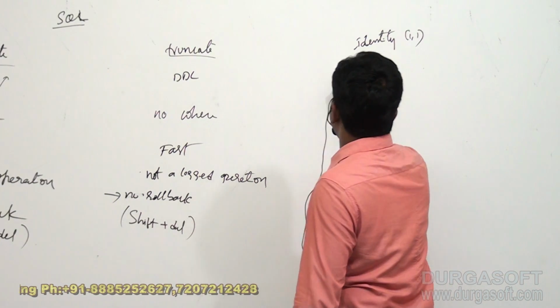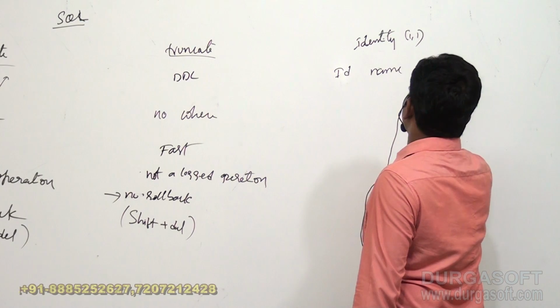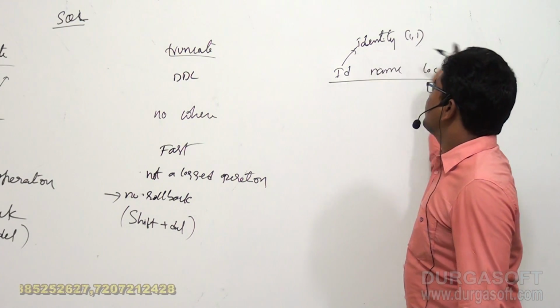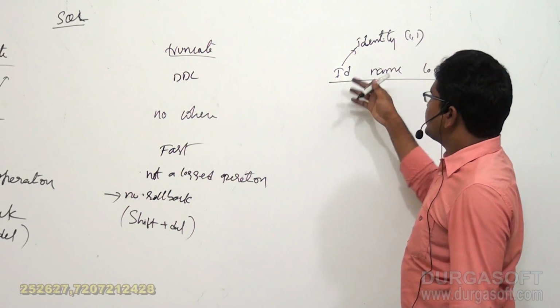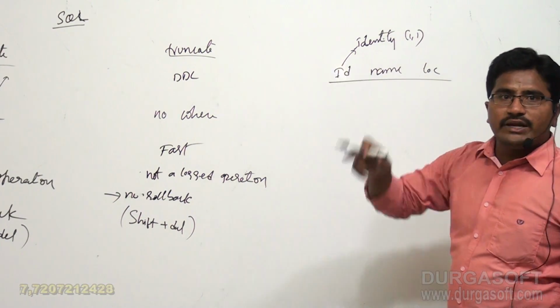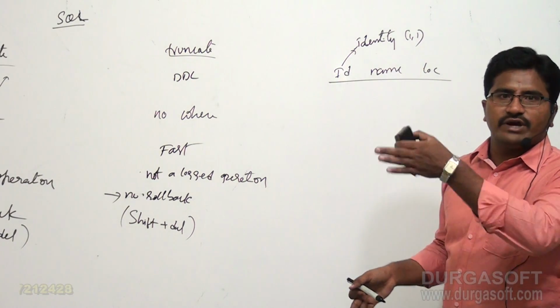For example, I have a table with ID, name, and location columns. For the ID column, I am using the identity property, which generates the automatic increment number. Generally we use the identity property for key values, like ID values.